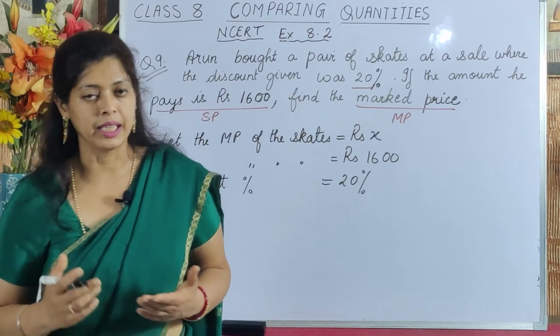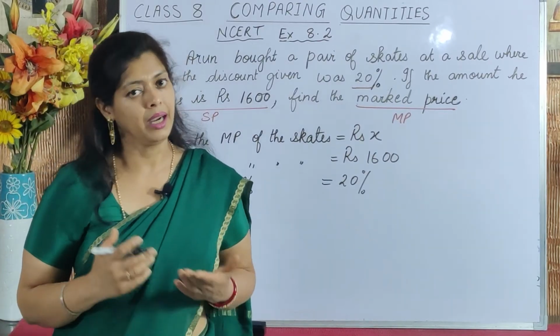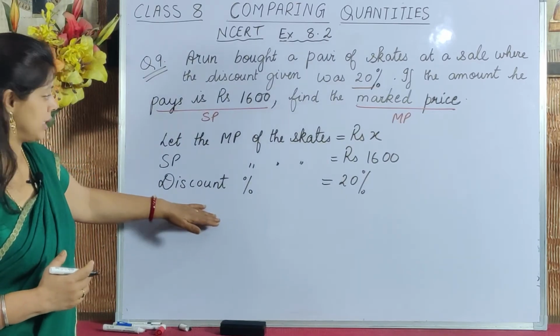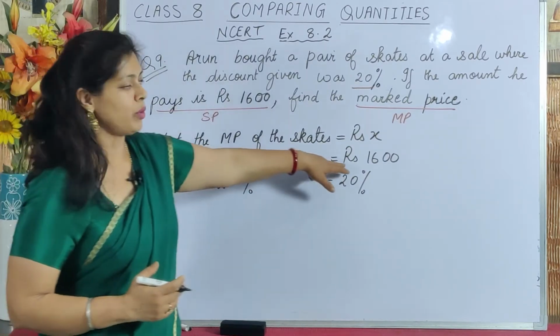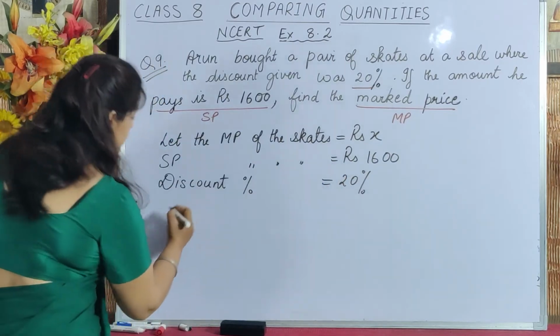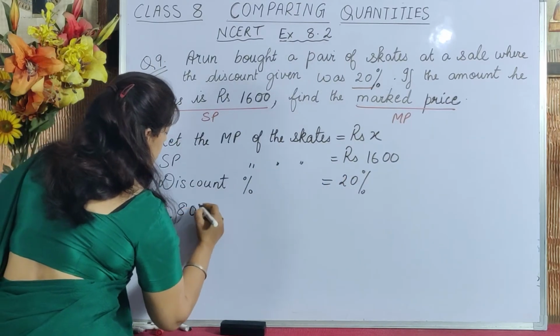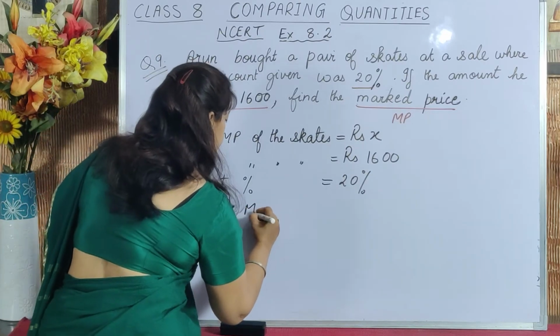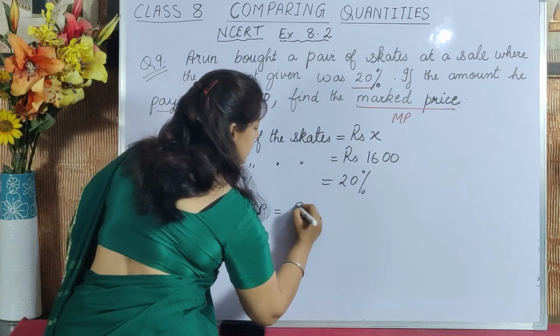The sale price is nothing but the marked price minus the discount. So 80% of the marked price is the sale price in this case, which is given to us as 1,600. So we can say that 80% of marked price is equal to the sale price.